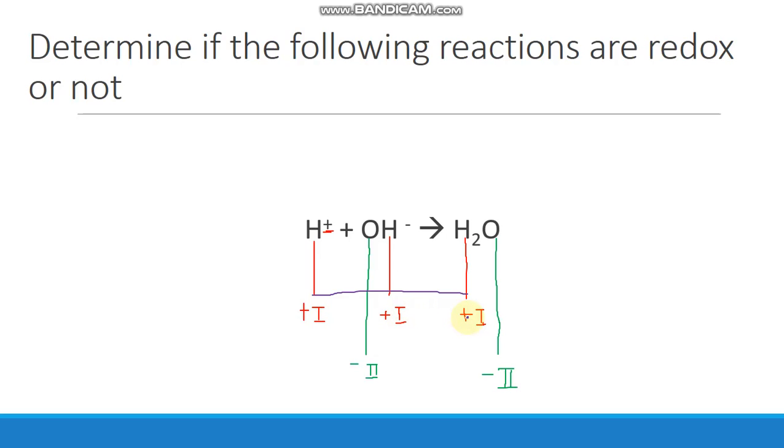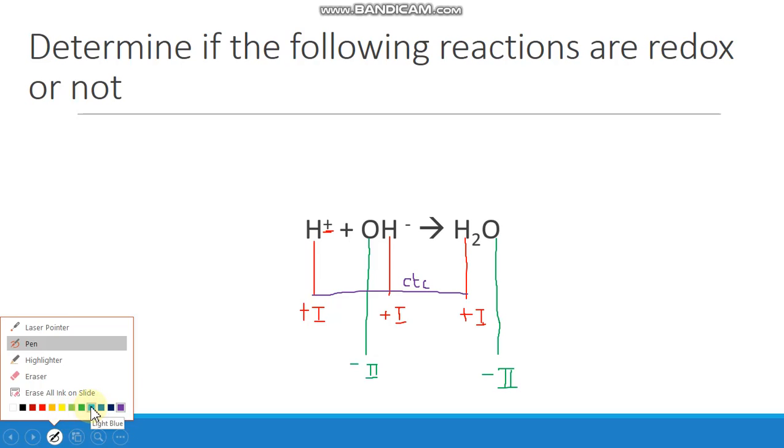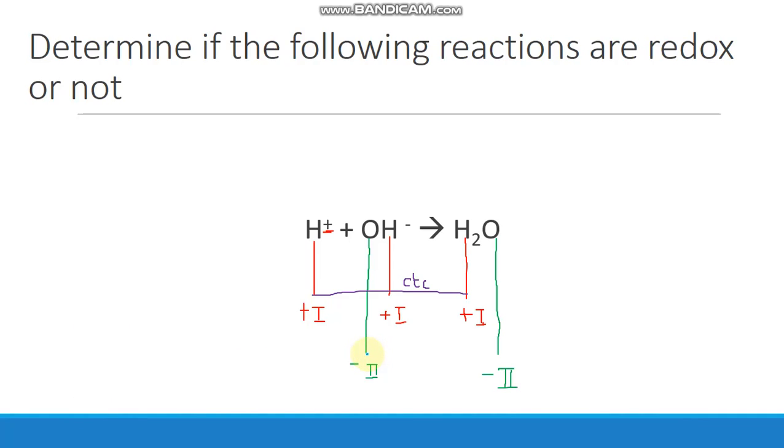We don't have any change, so the oxidation number is constant. For O, in the reactants it was -2, and in the product it's also -2, so it's constant. Okay, did you understand? It's very easy.